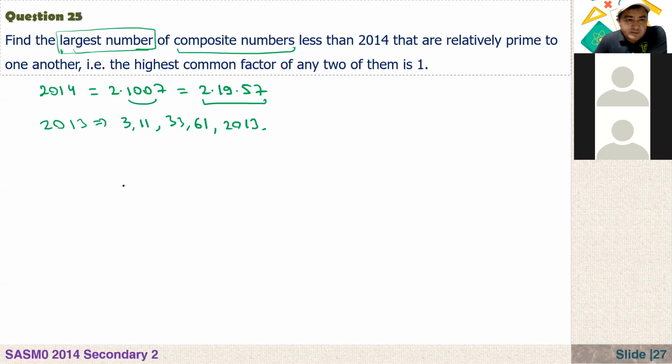So that means 2013 and 2014 are relatively prime because they don't have any common factor except one. 2, 19, 57? This one is not 57, it's 53. Okay, good, I got it now. So the answer is 2013.